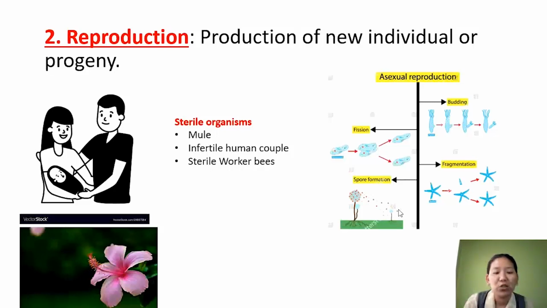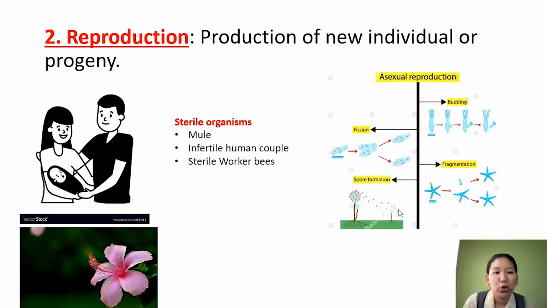You must have seen in society where a couple are not able to produce progeny. And the third one is the sterile worker bee. In the community of these bees, there is a group of female bees called worker bees, and these are sterile. They do not reproduce.